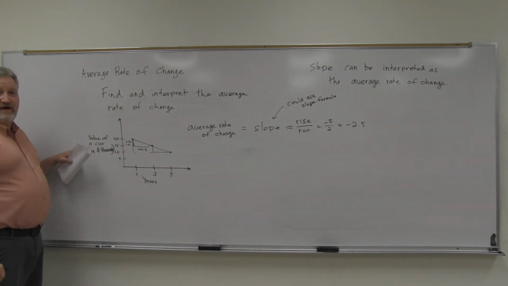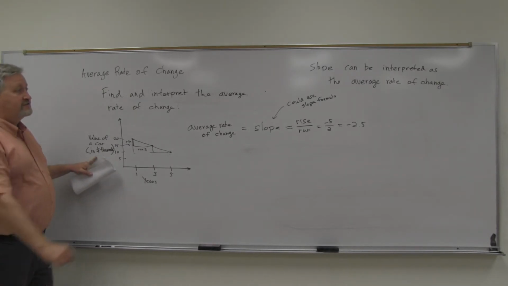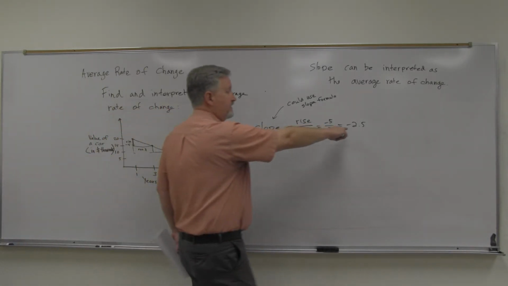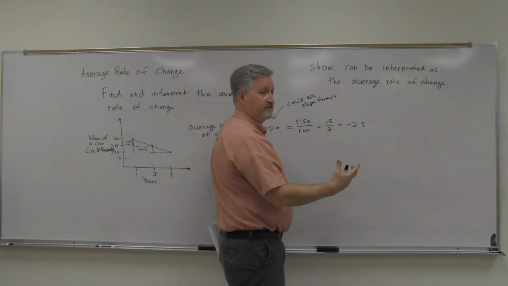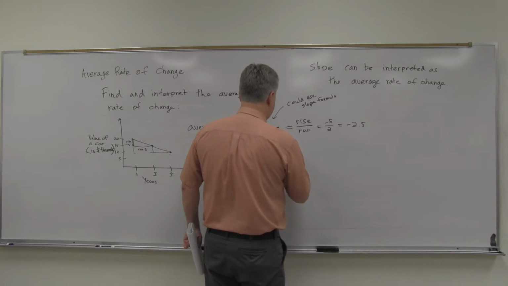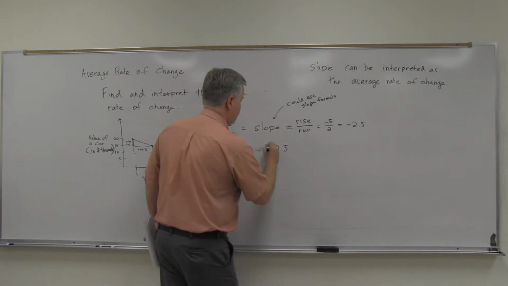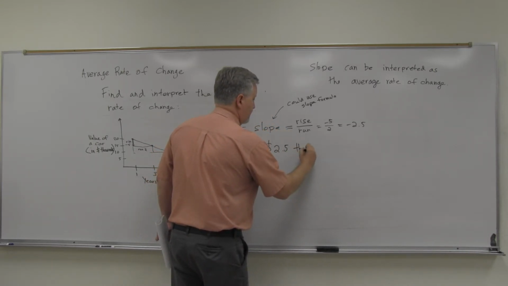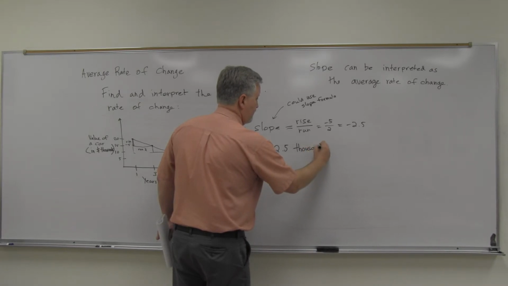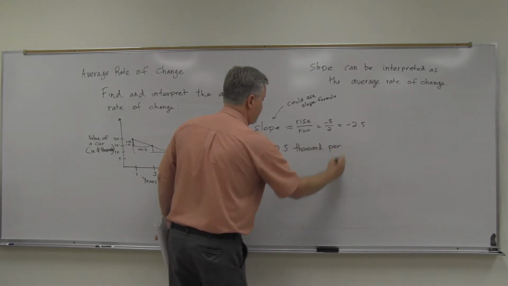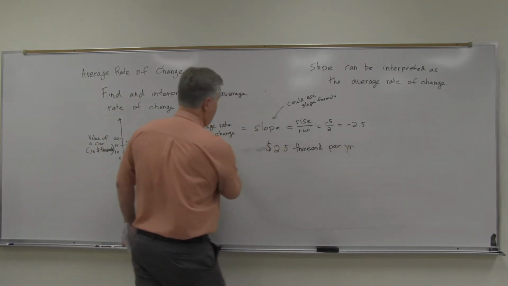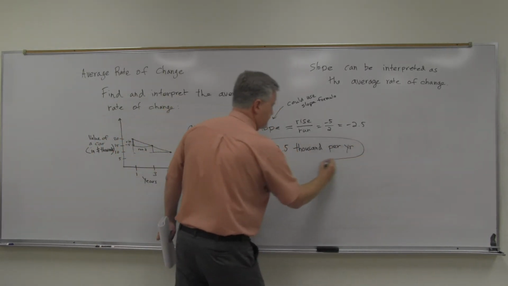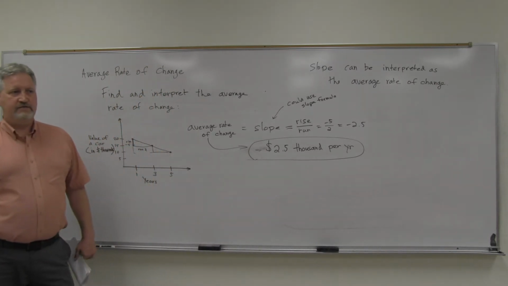Value of the car, in dollars, thousands of dollars. So this is actually -2.5 thousands of dollars, per year, since the X here is years. So that's my average rate of change.